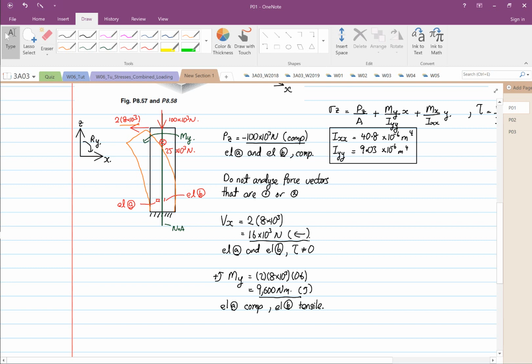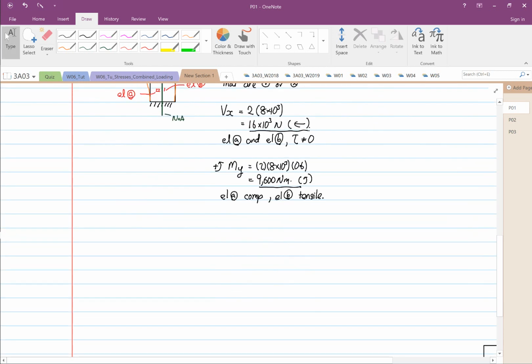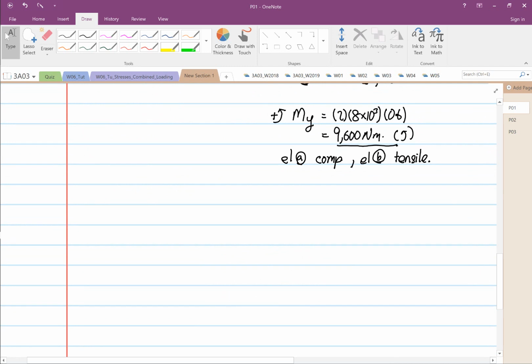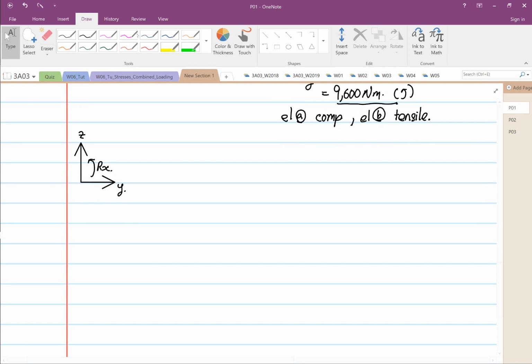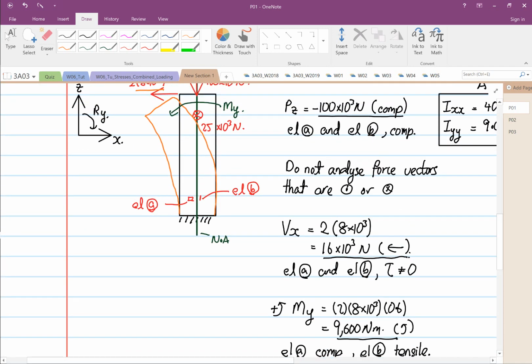Next, we're going to look at the YZ plane. So we're going to construct the YZ plane. This is our Z, this is our Y, and by the right-hand rule, this is rotation about X. Then we're going to construct the structure again.